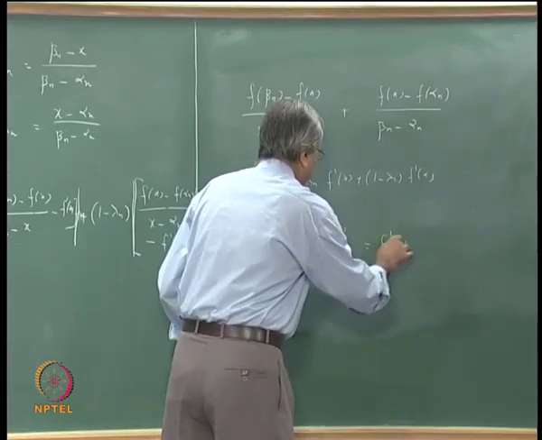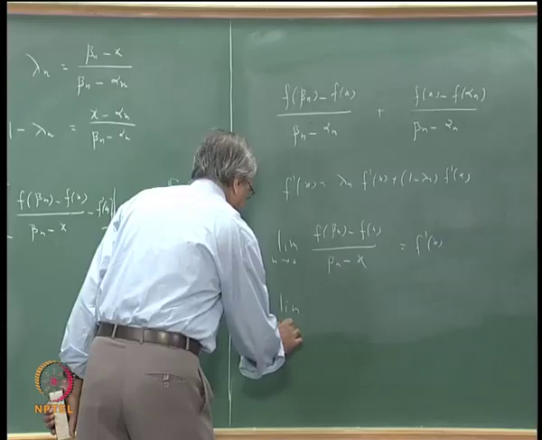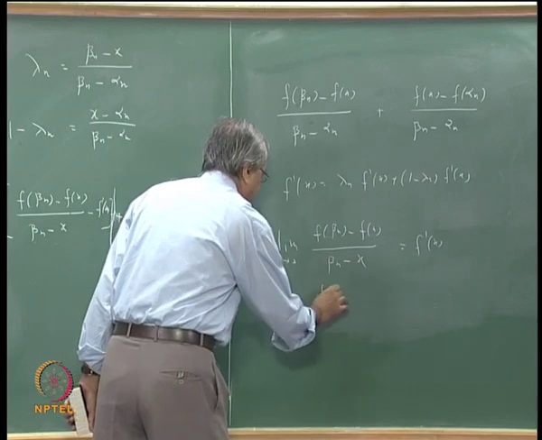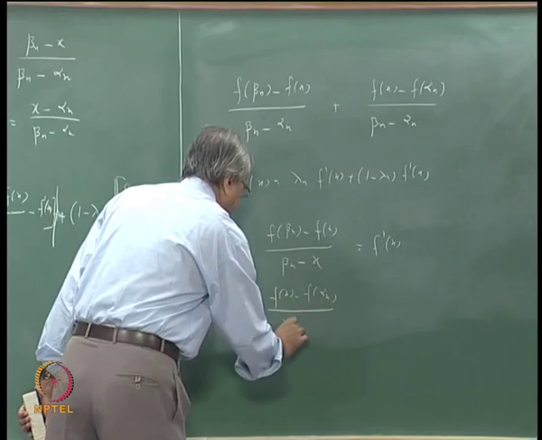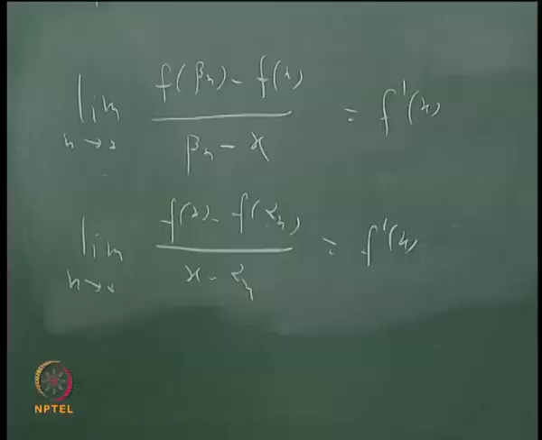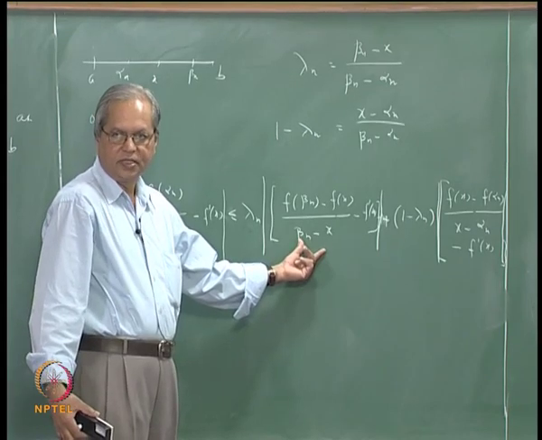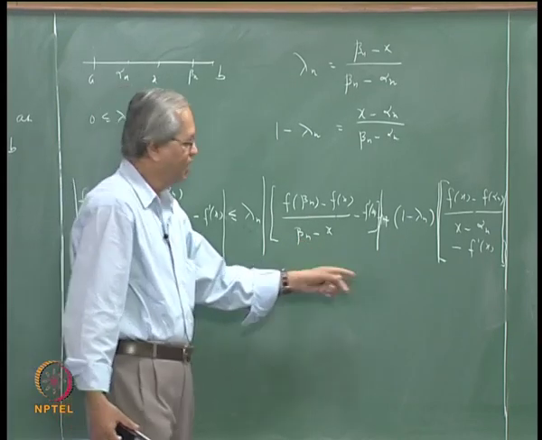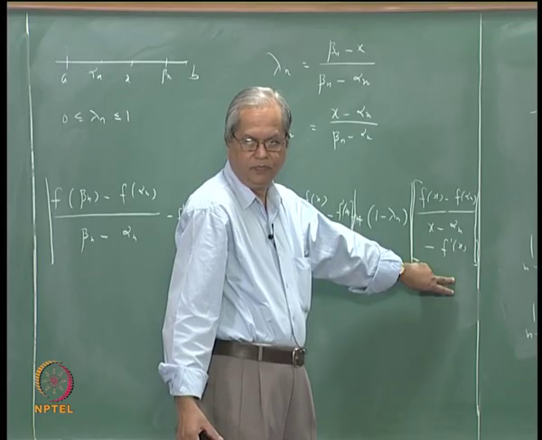And similarly the limit as n tends to infinity of f of x minus f of alpha n divided by x minus alpha n is also f prime x, which is the same as saying that the limit of whatever you have in the bracket is 0 as n goes to infinity. Similarly the limit of this bracket here is 0 as n goes to infinity.